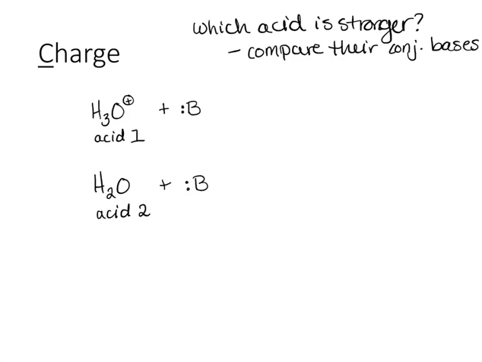We just kind of want to get a general idea of what the conjugate base would look like. Okay. So what I encourage you to do is to pause the video and figure out what the products are for acid 1's reaction and acid 2's reaction. And then when you unpause, we'll go over it together.